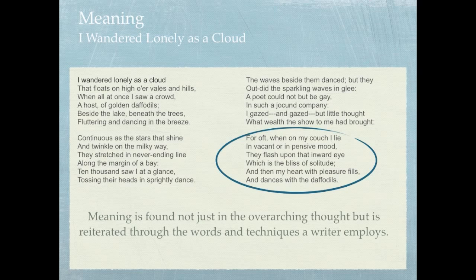He says, "They flash upon that inward eye, which is the bliss of solitude. And then my heart with pleasure fills and dances with the daffodils." So William Wordsworth is telling us that he gets so much solitude and pleasure and bliss from nature.